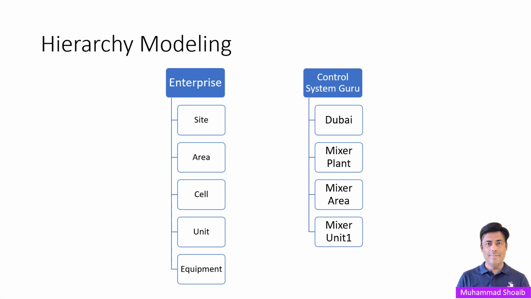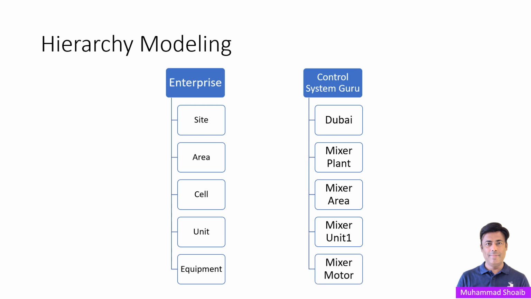Then the unit: you may have multiple units in the mixer area, like unit 1 or unit 2, like multiple production lines. So you can name them those.